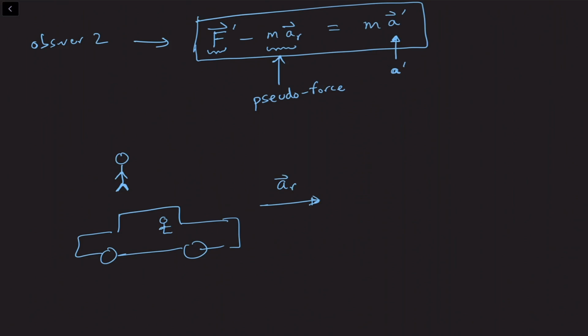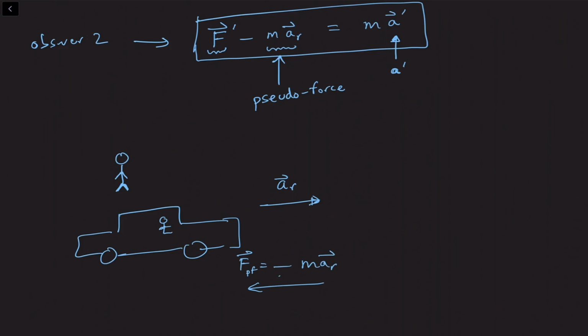This is her relative acceleration. And now imagine that as she accelerates, you ask what she would see, and what she experiences are pseudo forces. That is, she experiences a force which is minus m times AR. This is the pseudo force that she experiences.